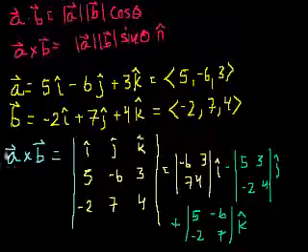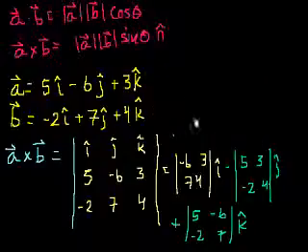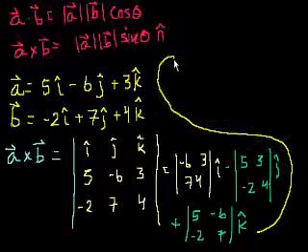And now let's calculate them. Let me make some space, because I've written this too big. So what do we get? These 2 by 2 determinants are pretty easy. This is minus 6 times 4 minus 7 times 3.